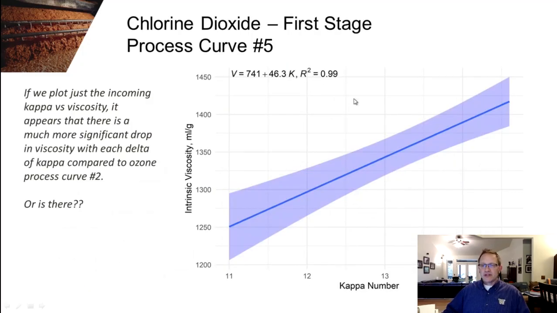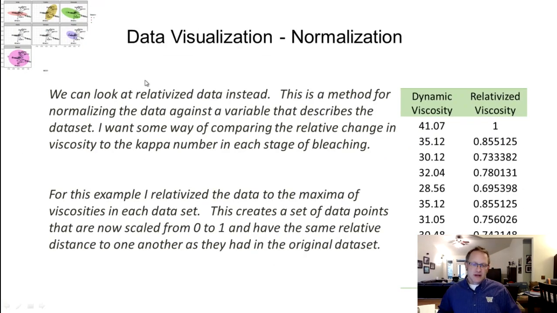And so if we just look at the chlorine dioxide stage, and you look at the incoming viscosity versus the outgoing, it appears on first glance that you're losing a much more significant viscosity than the amount of kappa drop here, right? So one way to solve this is what we refer to as a normalization.